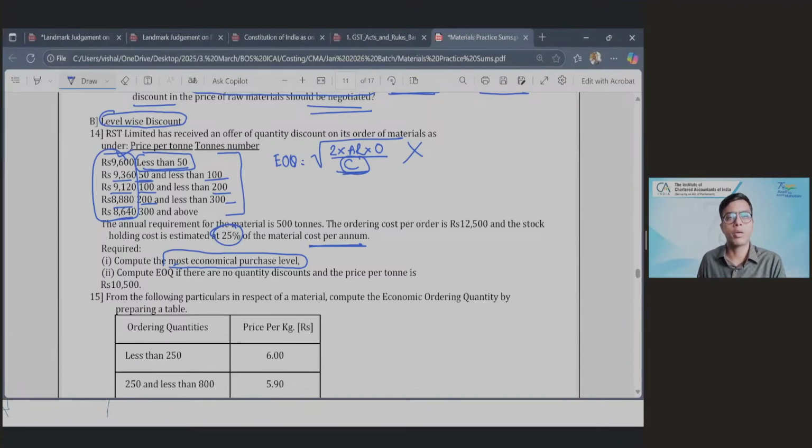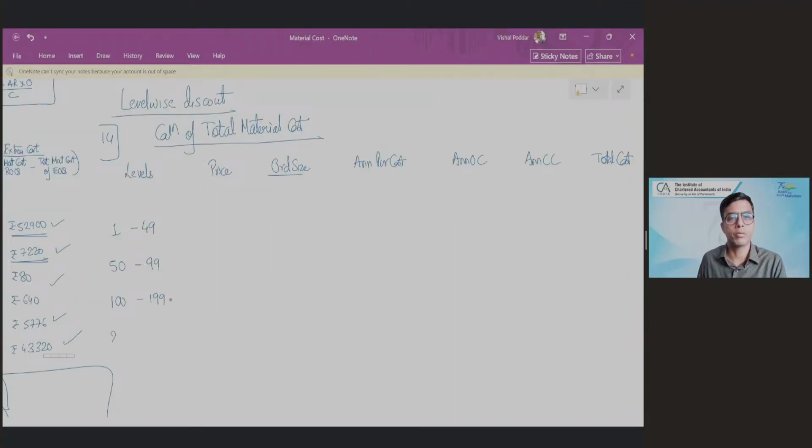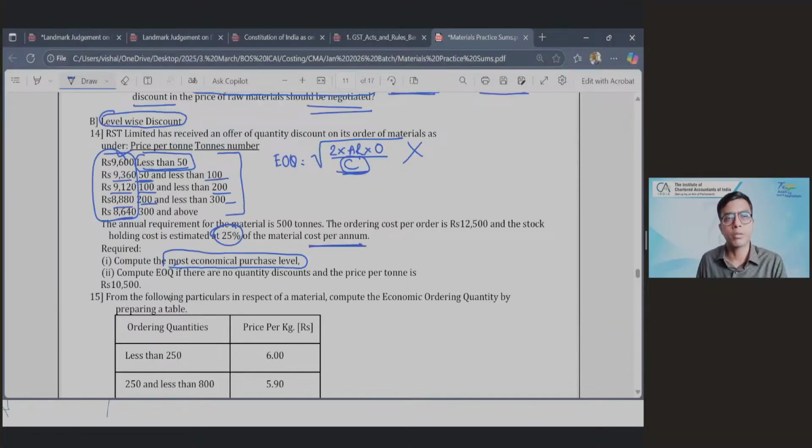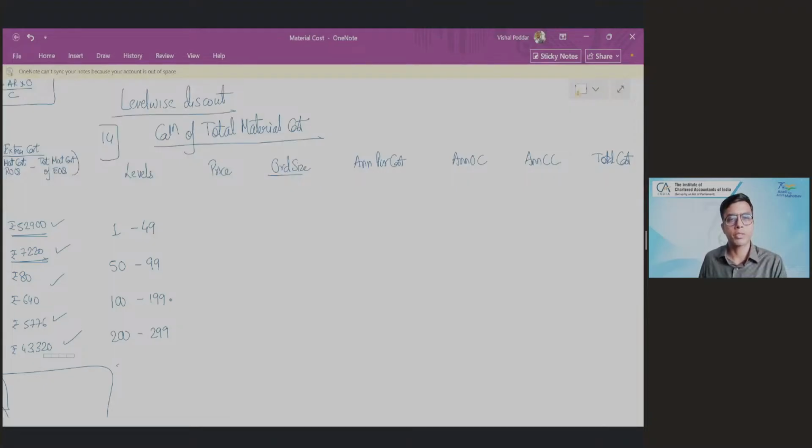Then 200 to 300. And then interestingly, it is saying 300 and above. But what is above? I want a level. Now the level will be my annual requirement, because why should I buy anything beyond that? My annual requirement is 500 tons. So my last level is coming as 300 to 500.